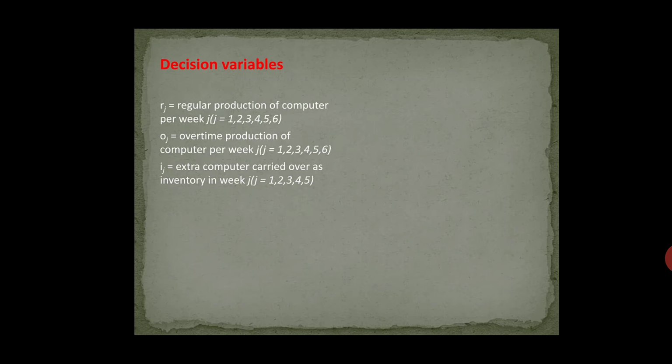As a result, there is a total of 17 decision variables. So the variables here are R sub j, which is regular production of computers per week, O sub j, overtime production of computers per week, and I sub j, which is extra computers carried over as inventory in week j.